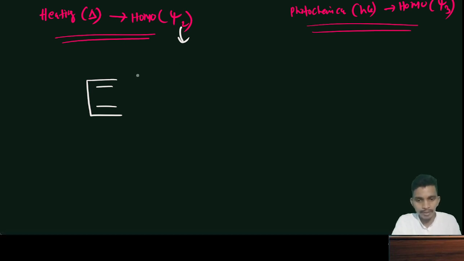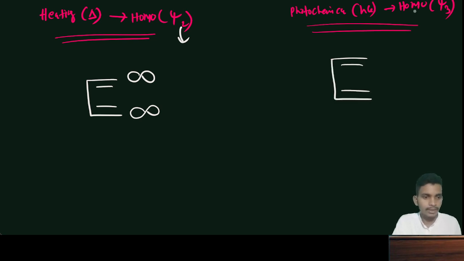So make the terminal lobes here, this one, also this one. Here also make the same things. Here the HOMO psi 3 means an odd number, which means the terminal lobes have the same sign. So this is even, so different. This is odd, so it will go the same.